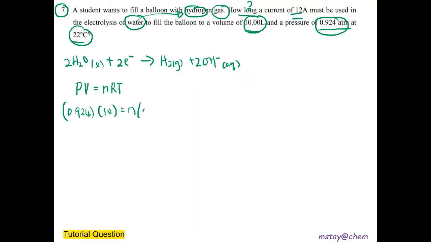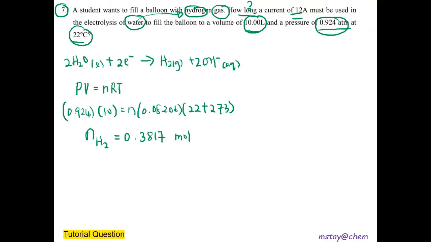In this case we are going to use 0.08206. Temperature must be in the unit of Kelvin. So yes, very good, there is only one unknown. This number of moles is the hydrogen gas produced. So press the calculator, you will get 0.3817 mole.